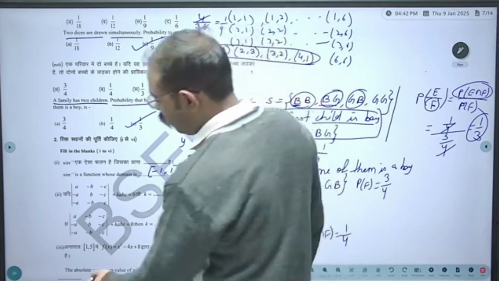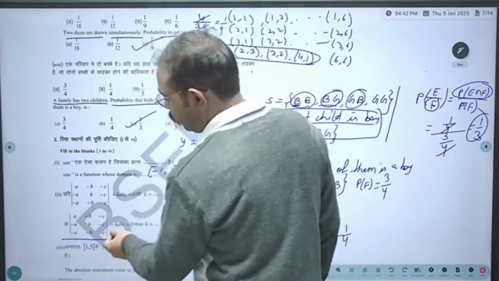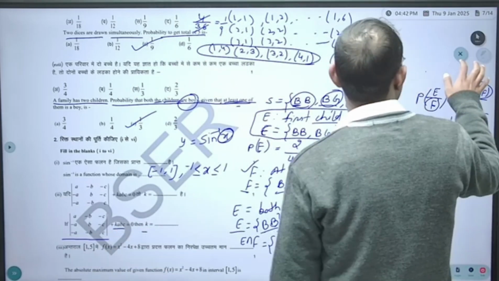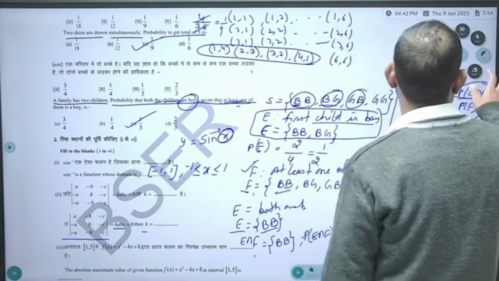Next a determinant is given to us, plus this equals 0, and we have to determine the value of k. So how to determine?